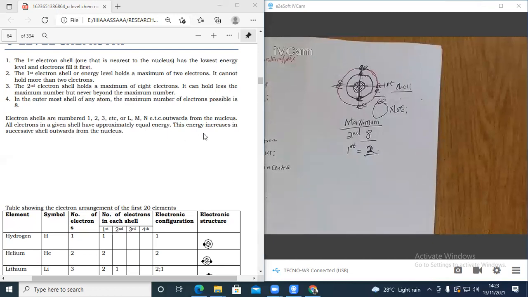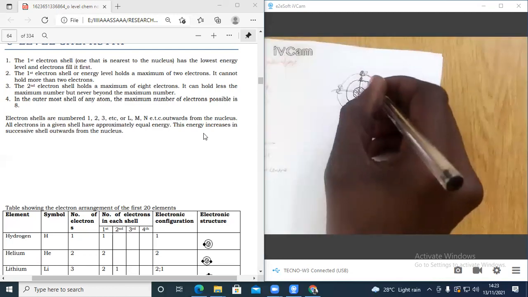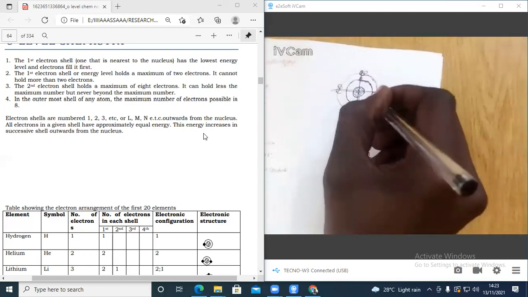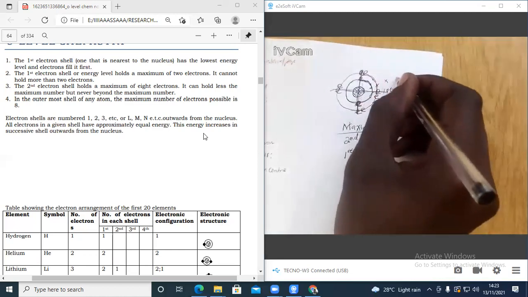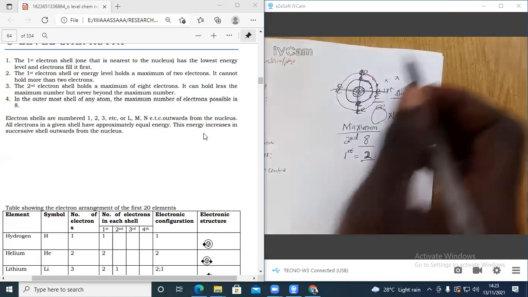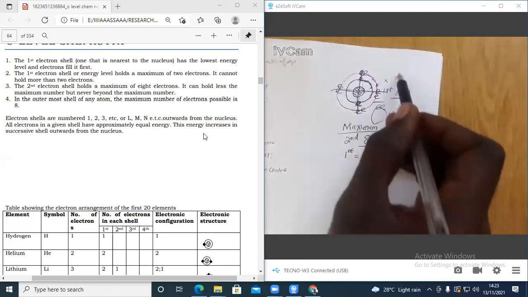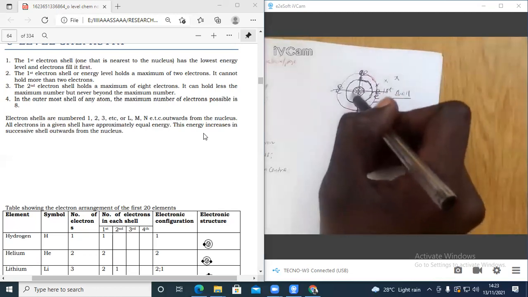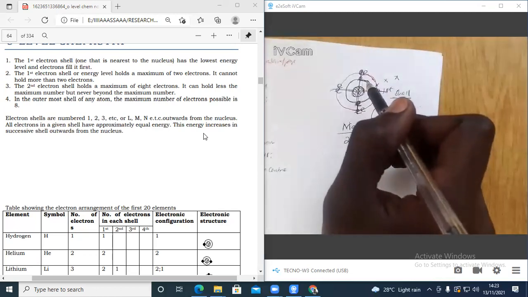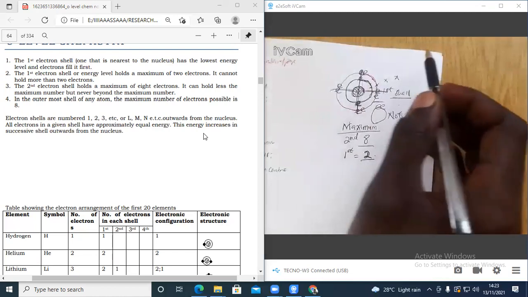What they mean is that the energy level on the first shell is lower than that of the second shell, which is lower than that of the third shell, even the fourth shell. So if the shells are 4, the one in the fourth shell has more energy than the one in the lower shell, isn't it?